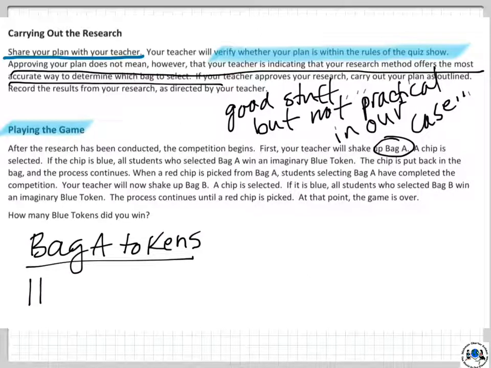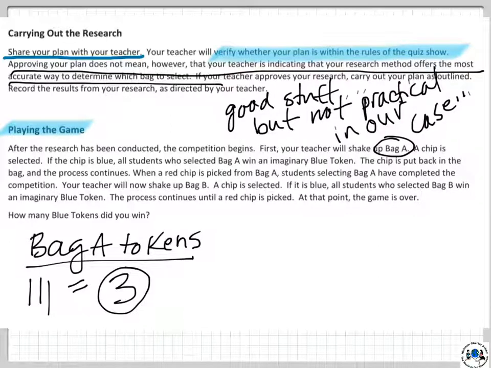Bag A again. Oh my gosh, another blue. Another shake, and a red. So a red stops it. You bag A people receive 3 tokens, or 3 points.